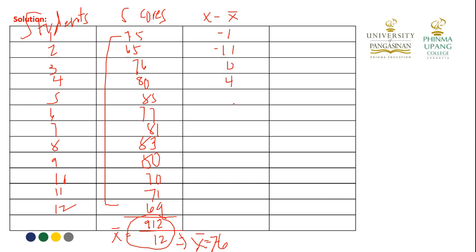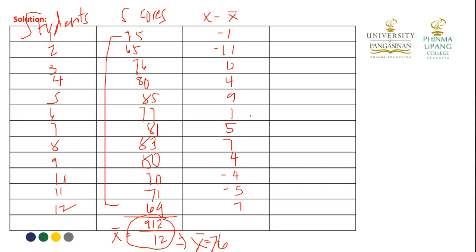What is 85 minus 76? 9. 77 minus 76 is 1. 81 minus 76 is 5. Please double check nyo kung tama yung mga pinaglalagay ko.